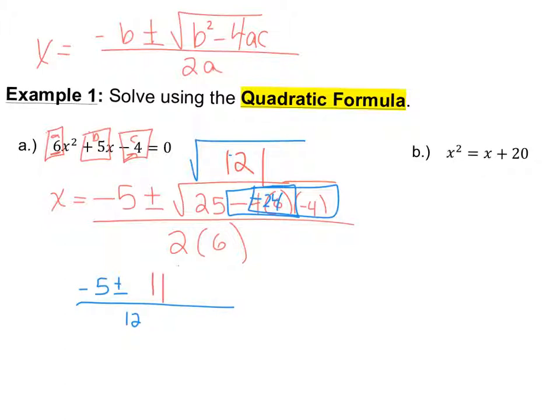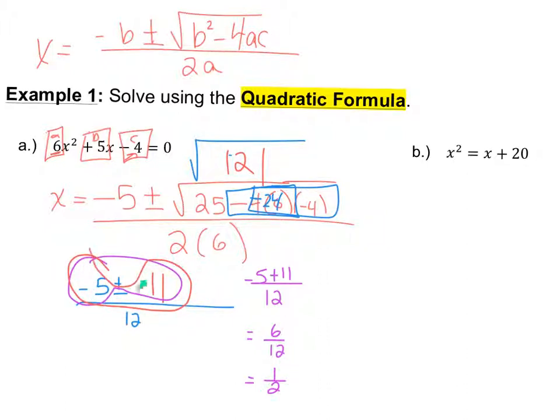So we have negative 5 plus or minus 11, and then divided by 12, remembering that the plus and minus are telling you you're doing two different operations. You're going to do negative 5 plus 11, and then divide it by 12. And then you're going to do negative 5 minus 11, divided by 12. So negative 5 plus 11 is 6, and 6 over 12 is 1/2. That's one of the solutions.